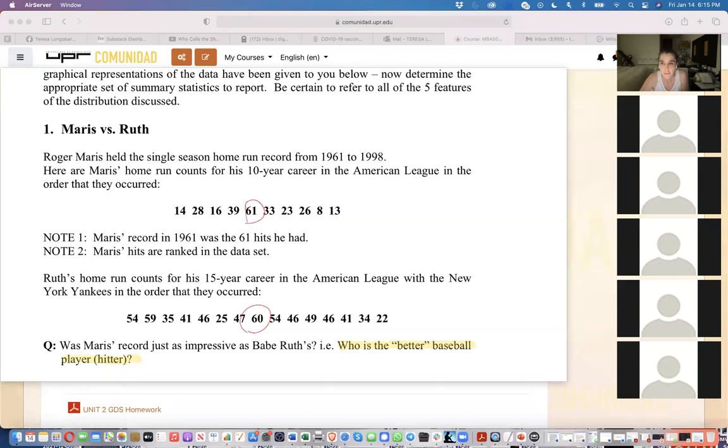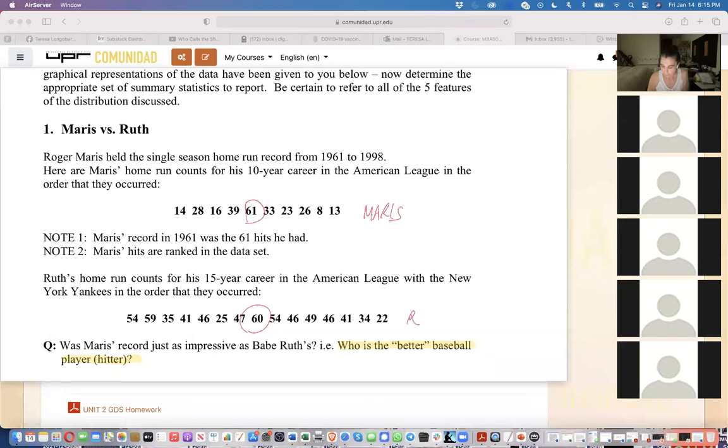You think Maris is better? Apparently, because she plays for 15 years. You mean, no, this one is Maris and this one is Ruth.